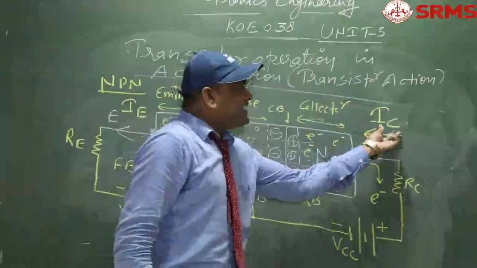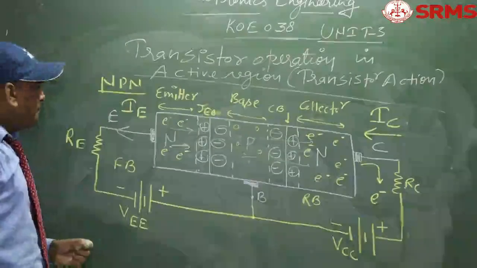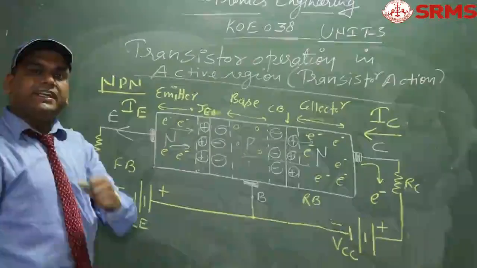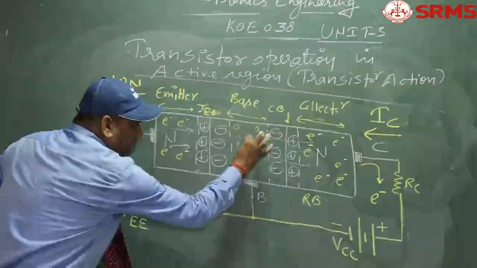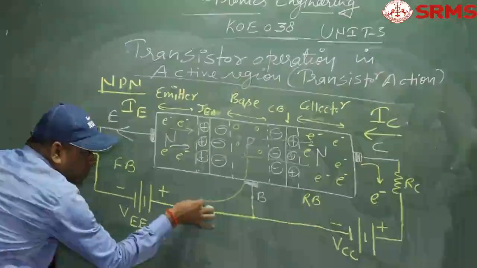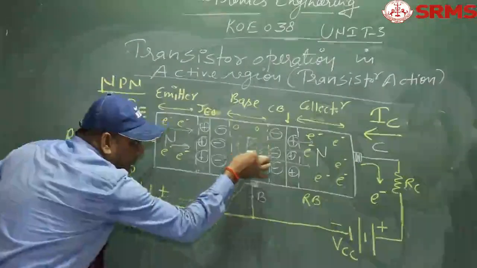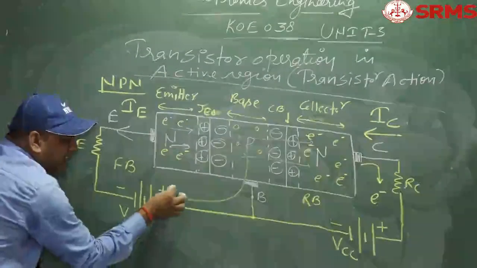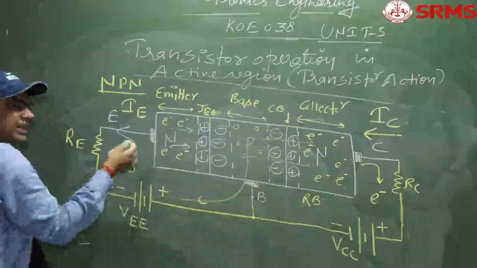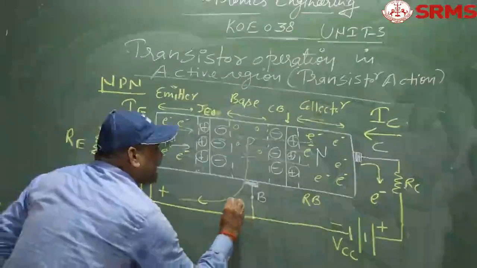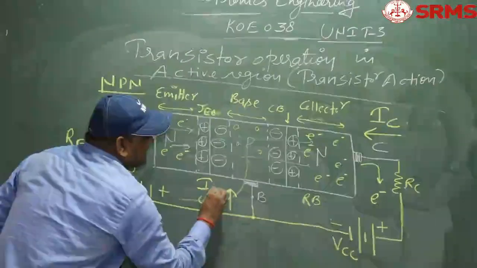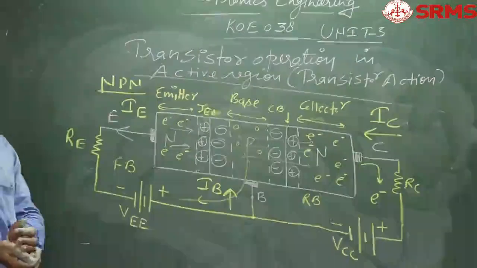So IC is defined as the collector current and IE is defined as the emitter current. Now, a few electrons are going to diffuse through this positive terminal. A few electrons get attracted by this positive terminal. If this is the direction of electron flow, definitely the direction of the base current is as shown, IB.